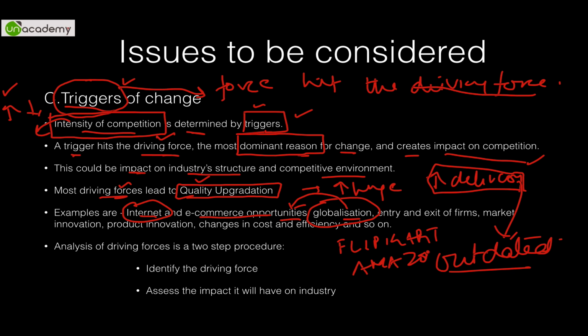So they were trying to deliver products and were a literal model of e-commerce. But Amazon could not shape up its delivery channels, which is why Flipkart took over. So that is a quality upgradation. Because of the excessive intense competition, Flipkart could recognize the shortcoming of Amazon and overcame it. So that is an example.